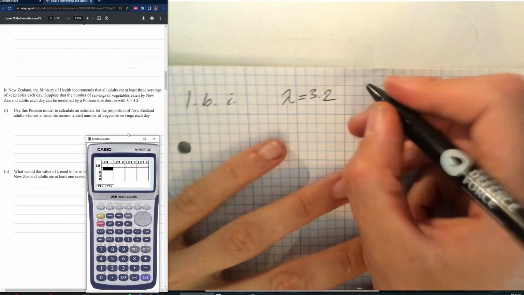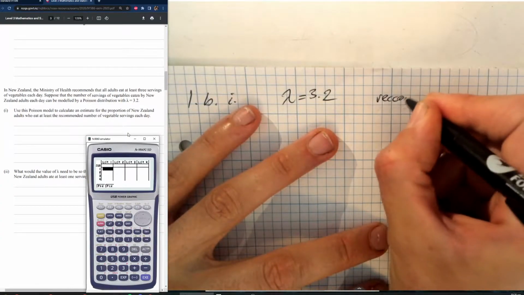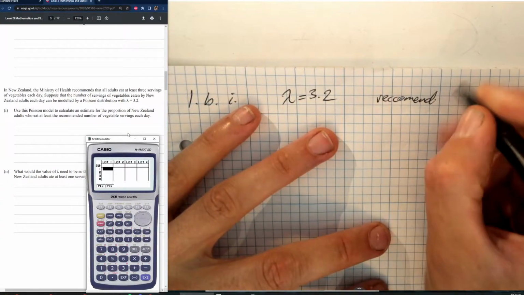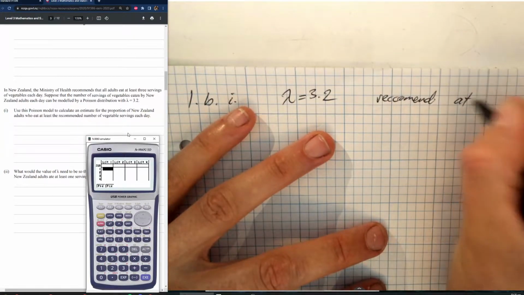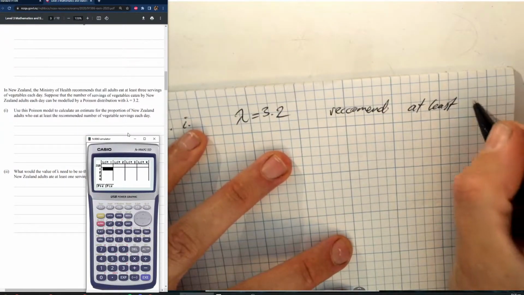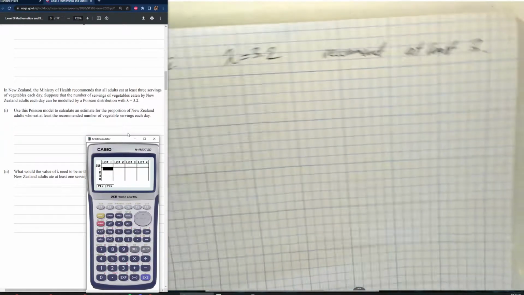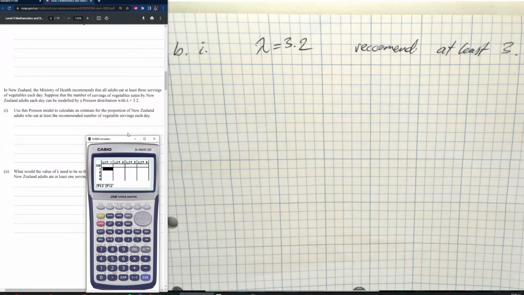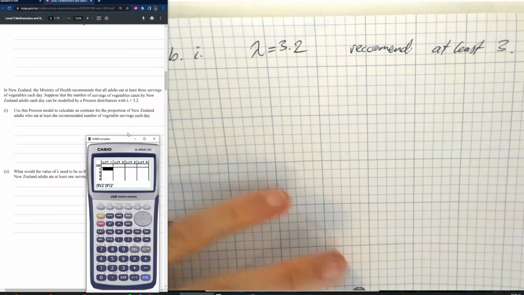What do they recommend? Recommend at least 3. At least 3. Those are the important pieces of information that I can see. Use this model to calculate an estimate for the proportion of New Zealand adults who eat at least the recommended number of vegetable servings each day.